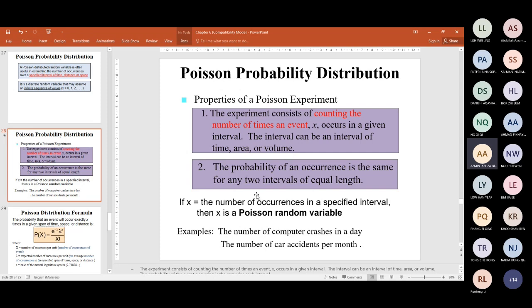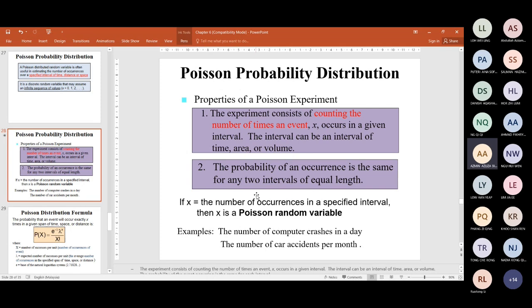For binomial, the key is you only have two outcomes, success or failure, like defect, not defect. That one is binomial. For a Poisson problem, you can see in the examples, we have a specified time, a specified interval. For example, in a minute or in an hour, how many happen? In 1 hour, how many accidents happen?